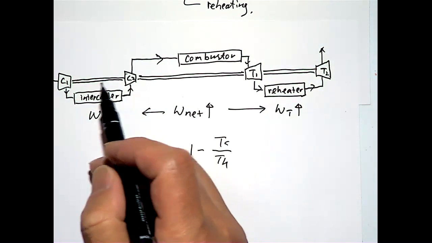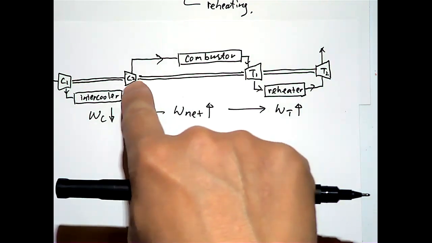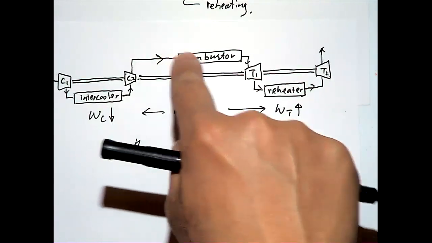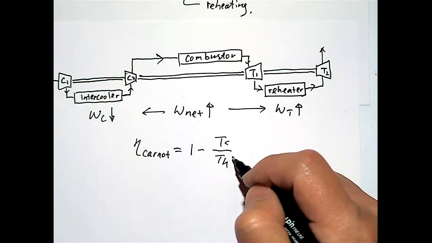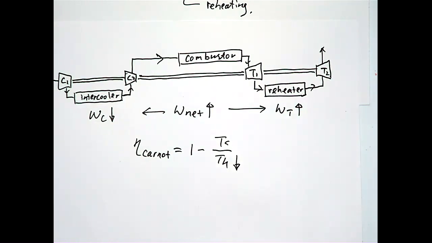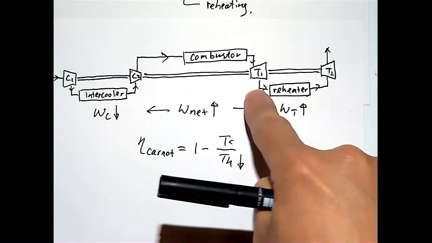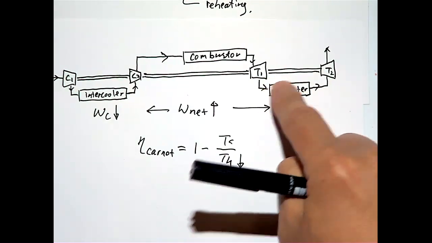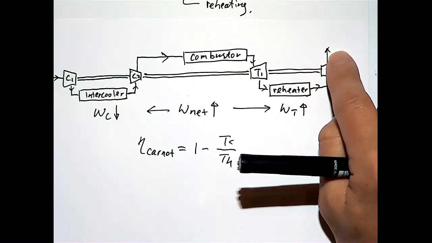By putting an intercooler here, you drop the temperature getting into the second compressor, and drop the temperature getting into the combustor eventually. So you reduce the temperature of the hot reservoir. On the other hand, when you're going through the turbine, two turbines with a reheater, you're increasing the temperature leaving the turbine eventually, right?